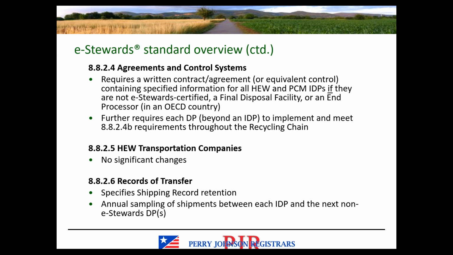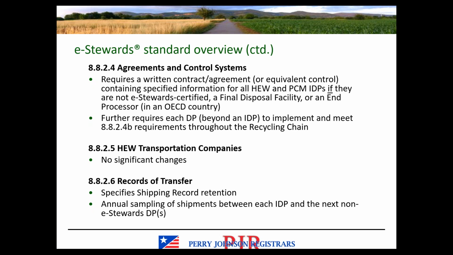If they are not e-Stewards certified, again, we see an exemption if they're a final disposal facility and if they're an end processor within an OECD country. Further, this section requires that each downstream processor beyond an IDP implement and meet those same requirements further down the recycling chain.